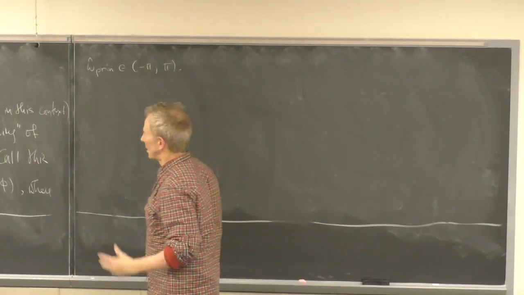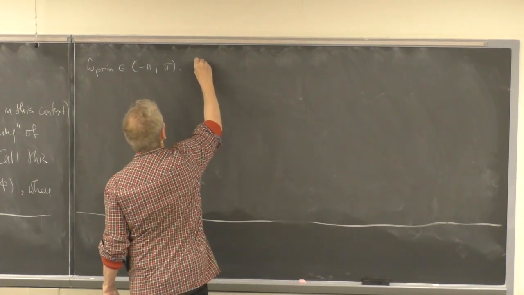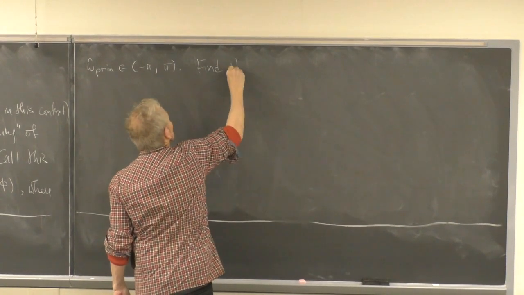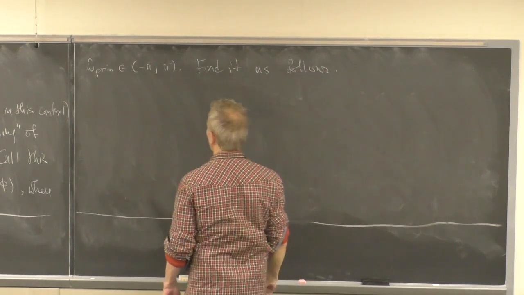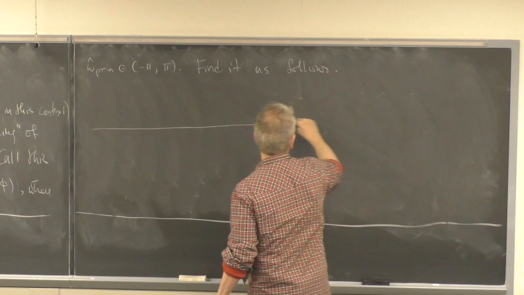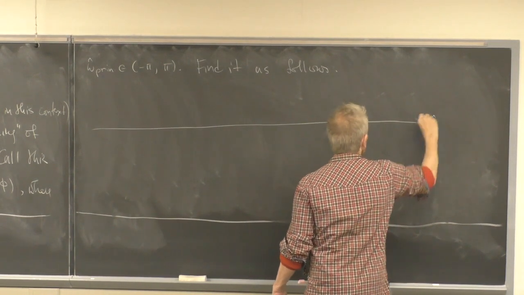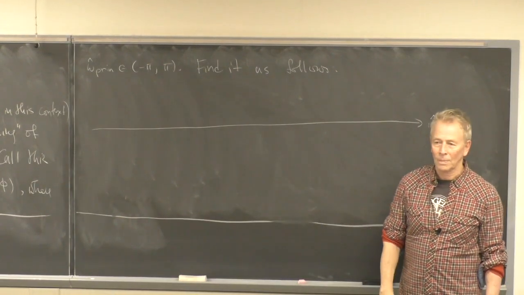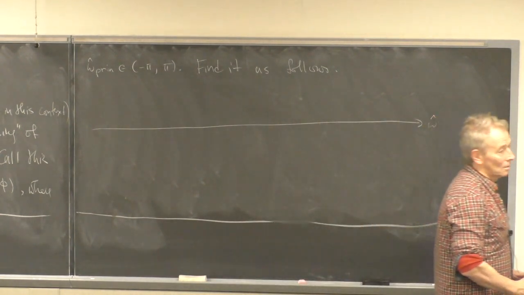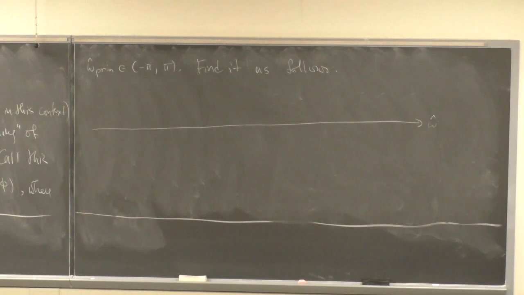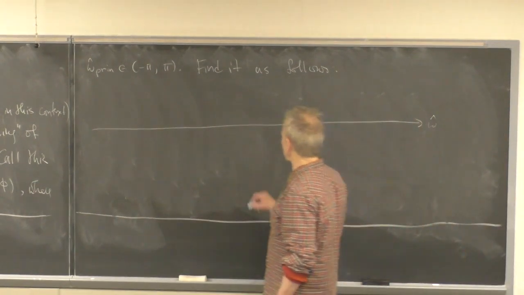Okay, so how to find it? You draw omega hat space. This is going to feel awfully familiar. Zero's in here someplace.